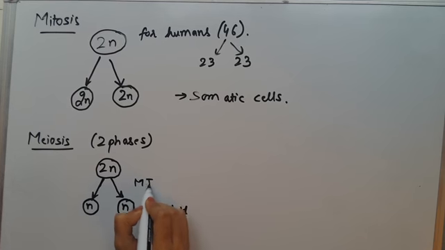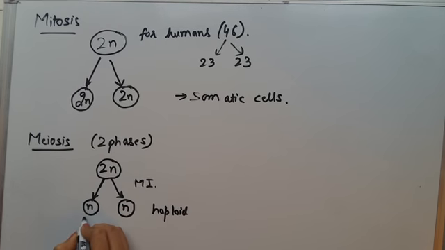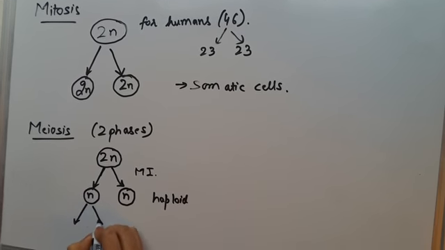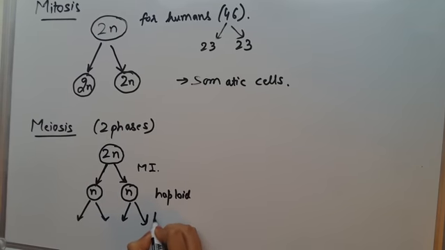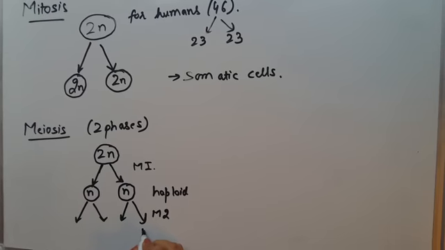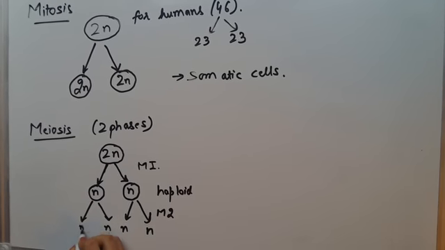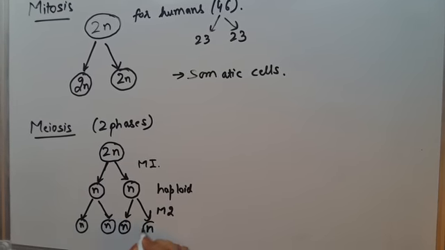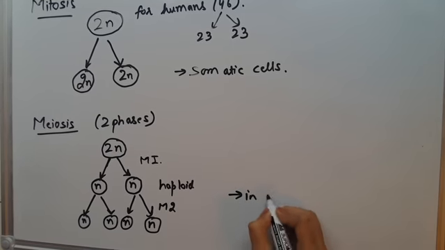When this goes through meiosis 2, it is equal to mitosis, so it will give the same number of chromosomes, and it occurs in germ cells.